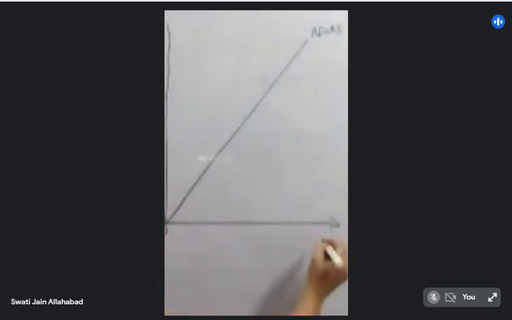Then on the x-axis, we have taken income level, Y level.